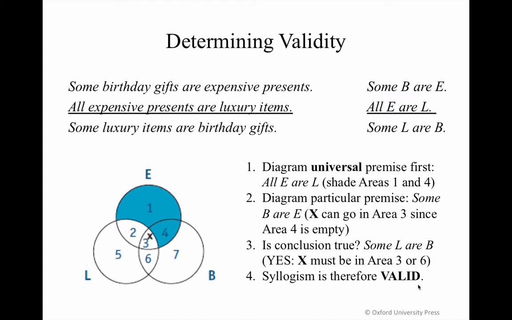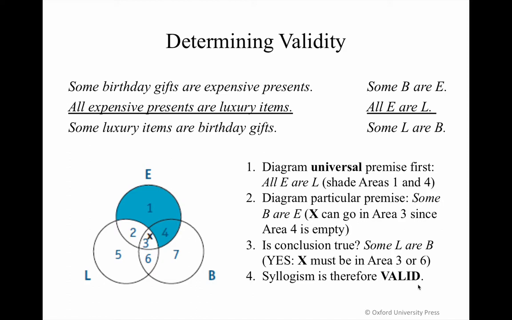The area of overlap between B and E is the area where we must put an X in order to accurately reflect the claim some B are E. But notice that area 4 is not available. Shading designates that there is nowhere you can put anything. So the X must go into area 3. All right, we're done diagramming.